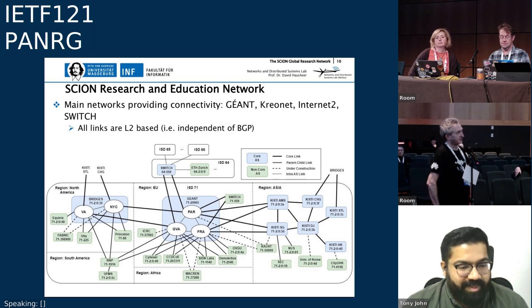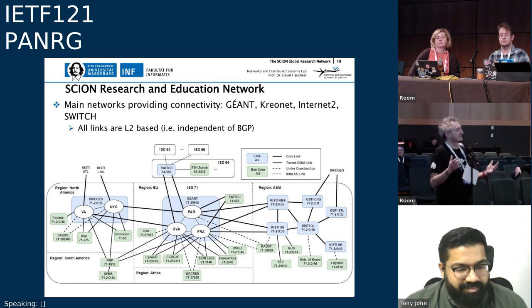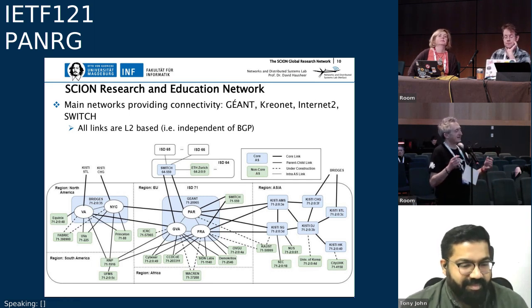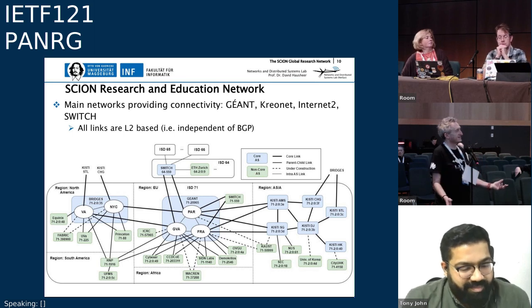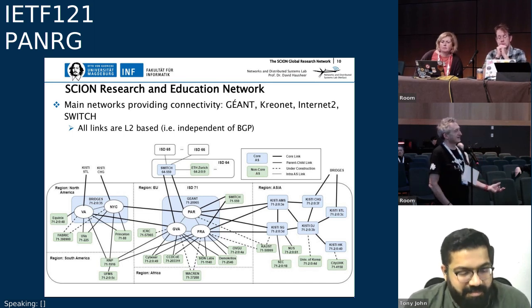But that would mean you would need a layer. You might have on the NREN backbone some POPs that are SCIAN capable, and then layer 2 tunnels from those into the campuses. Is that where this is going? Mm-hmm. Okay.